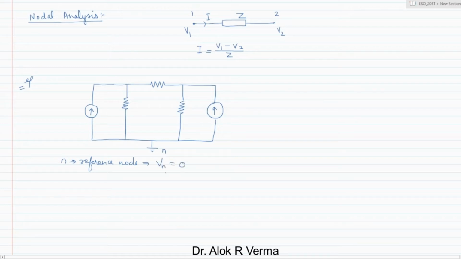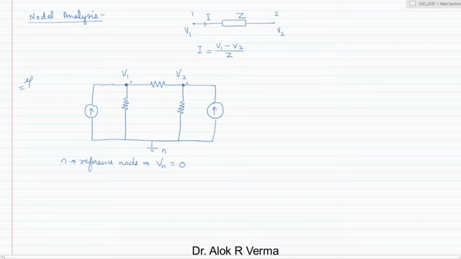With respect to this reference node or the ground node, we are assuming node 1 and node 2, and the voltages are V1 and V2. We'll write here 1 and here 2. This is node 1 and this is node 2. So at node 1 the voltage is V1 with respect to the reference node, and at node 2 the voltage is V2 with respect to the reference node.